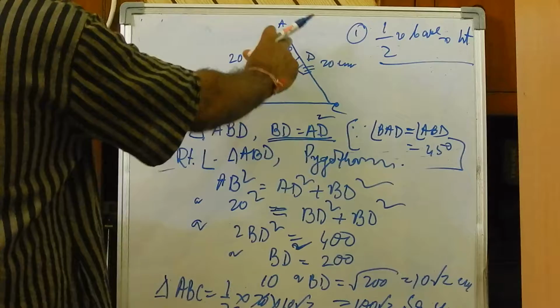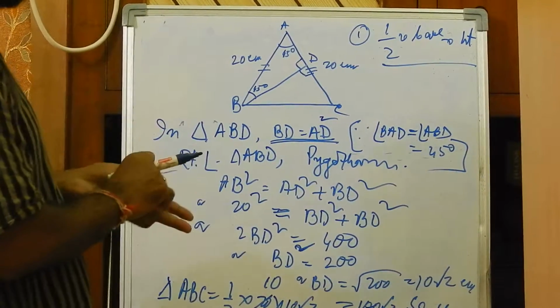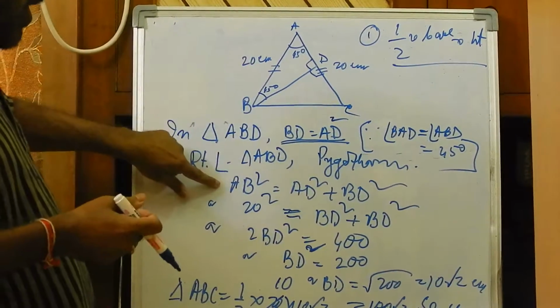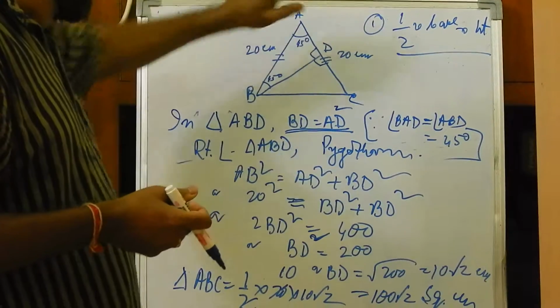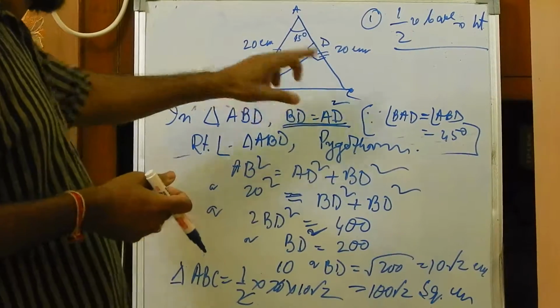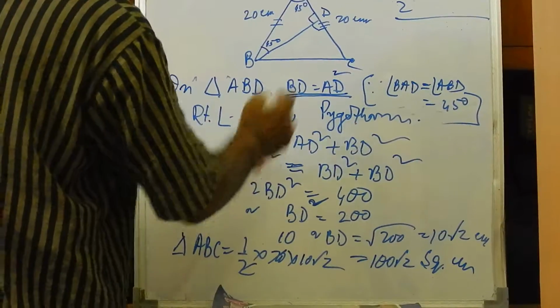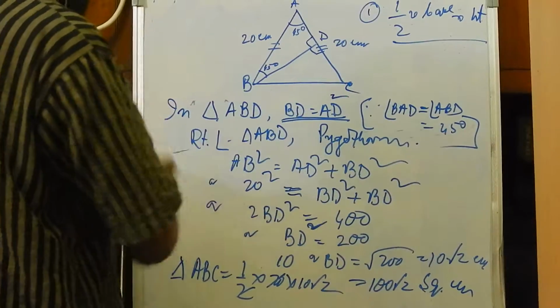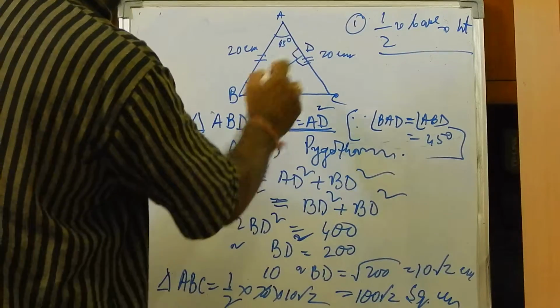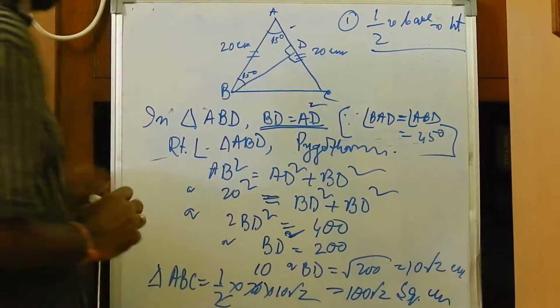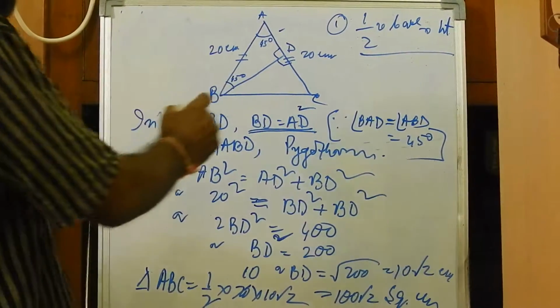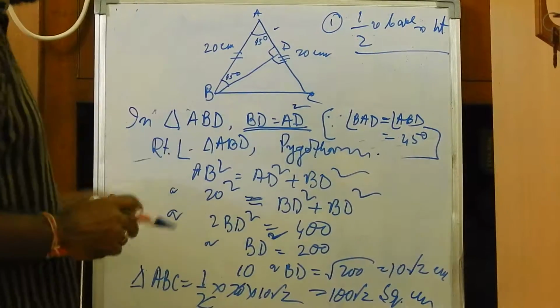Now from this triangle, if we use the Pythagoras theorem, that means hypotenuse square AB square equals base square AD square plus perpendicular square BD square. AB we know was 20, it was given, but we know neither AD nor BD, but we know BD equals AD.